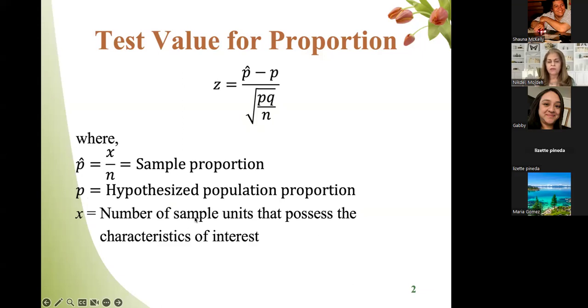X is the number of sample units that have the characteristic of our interest, and n is our sample size. This test value formula is on your formula sheet. So far we have looked at test values for mean, and there were two of them, depending on whether you were using the z-test or t-test.